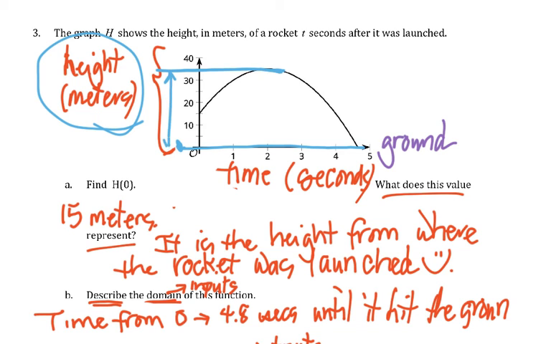So this is describing the range. So it is the height of the rocket from 0 until it reaches its maximum height at about 35 meters. So that is my range.